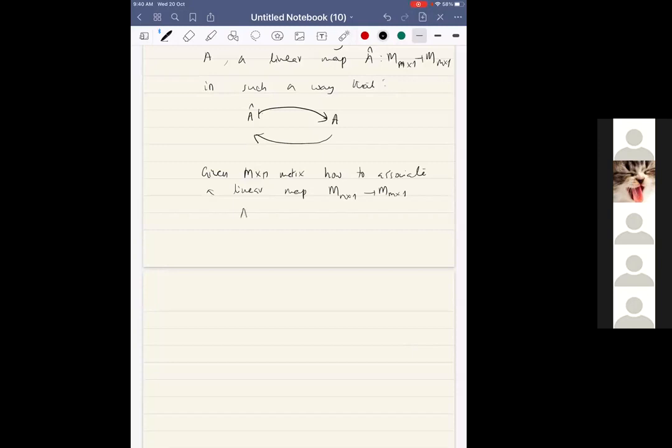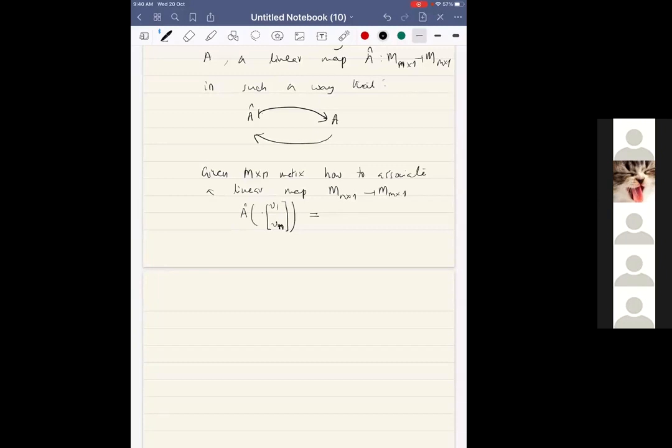So A hat acting on a column vector of length n, what should it be?